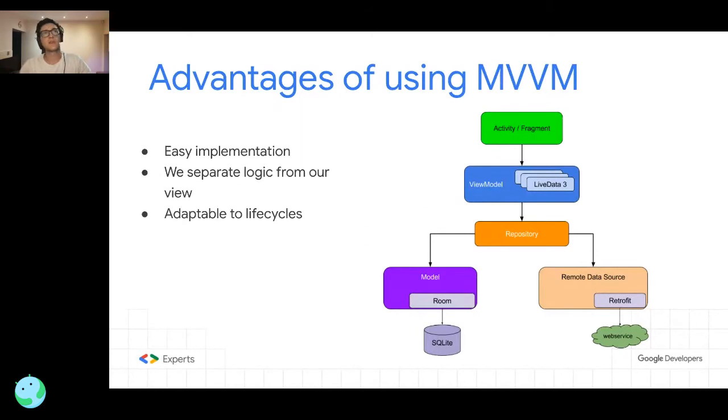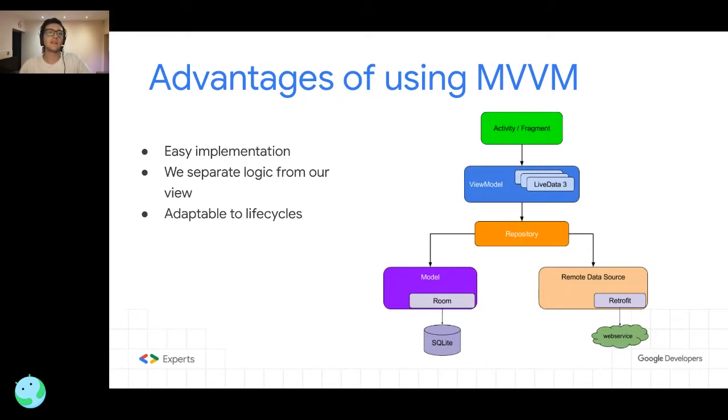With logic separate from our view, that's a really nice point, because we don't want our view to have so much logic. Our view just shows data to the user, so we don't need any business logic in it. So we can separate it. And it's adaptable to life cycles.